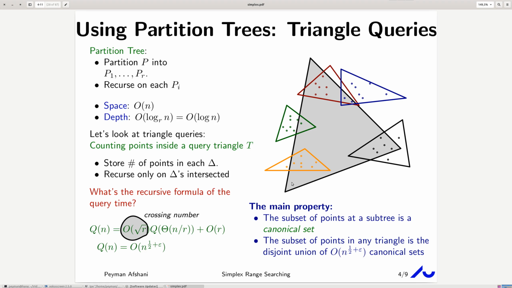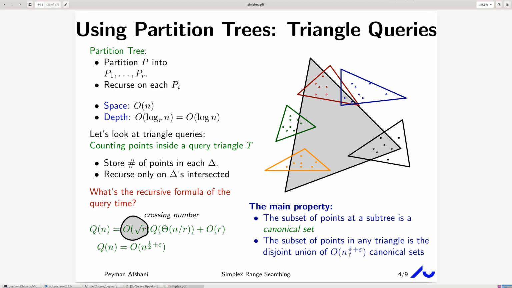If the points have weights and you want to find the maximum weight, for every canonical set you can store the maximum weight, and then you only need to look at these roughly square root n maximum weights to find their maximum to return as the maximum weight contained in the query, and so on. So essentially, any query that we could answer using this canonical set property, we can answer using this partition tree as well.